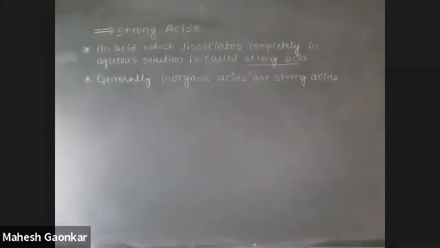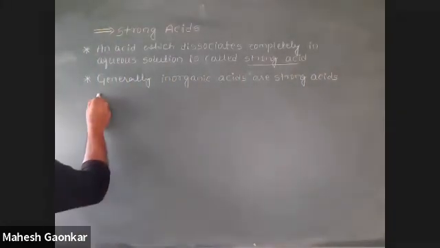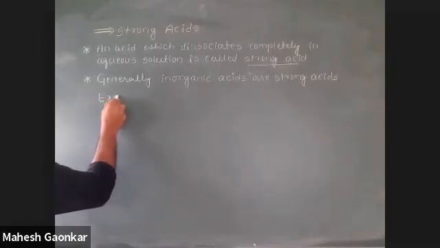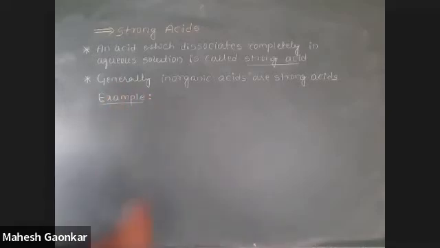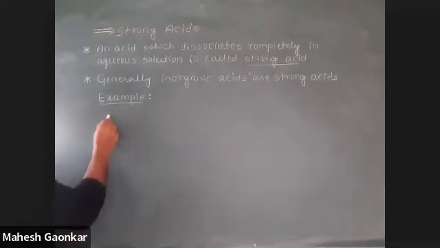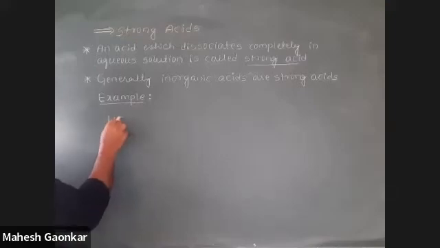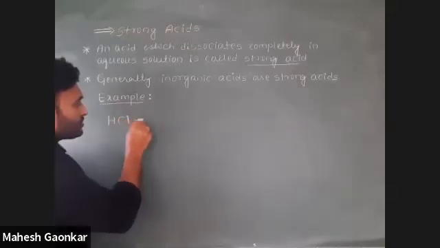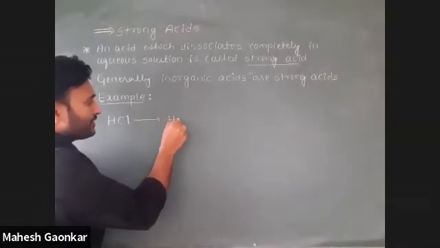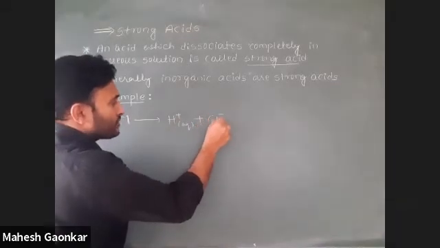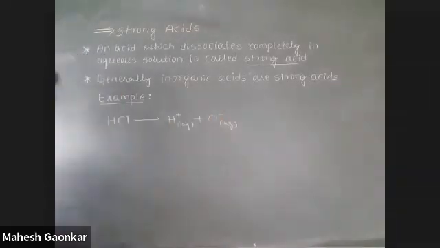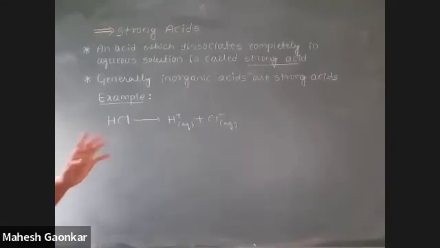Example, HCl. HCl dissociates completely into H plus and Cl minus in aqueous solution. Therefore, HCl is a strong acid.